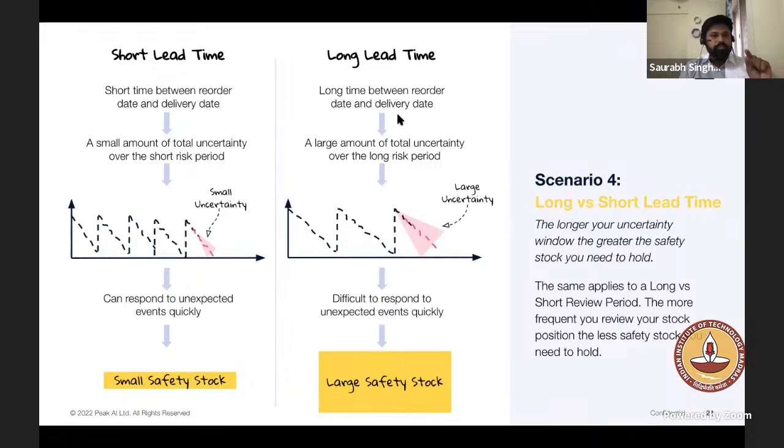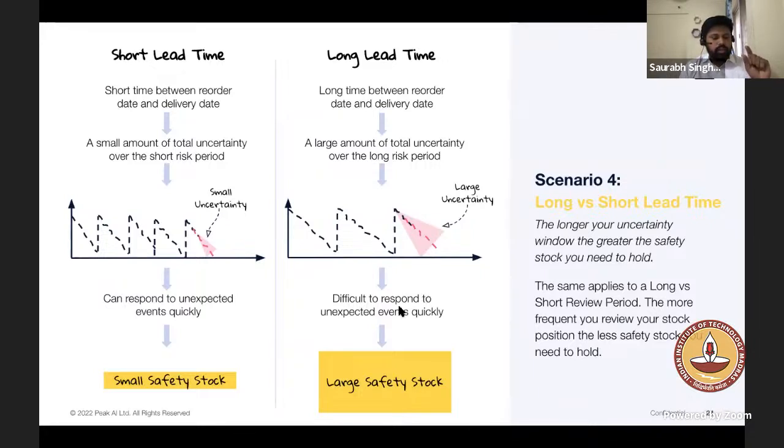But suppose your lead time is long, which is a long time between reorder date and delivery date. That means a large amount of total uncertainty over the long risk period. So your risk period is long, and therefore the uncertainty is also large.